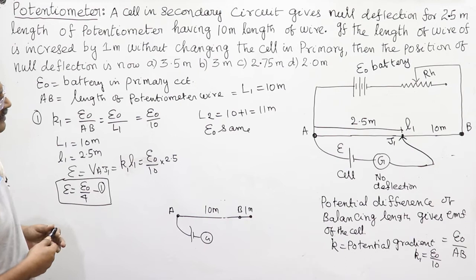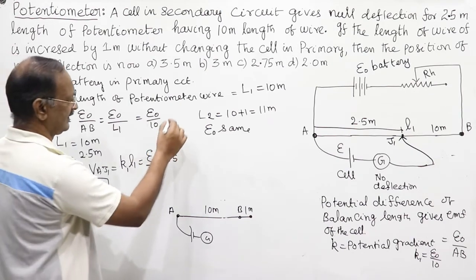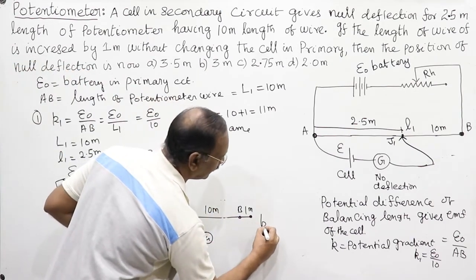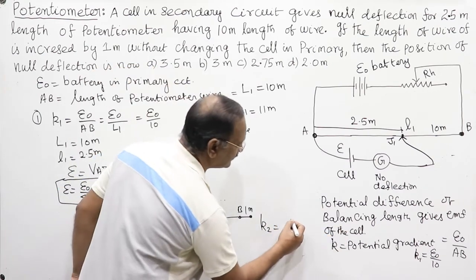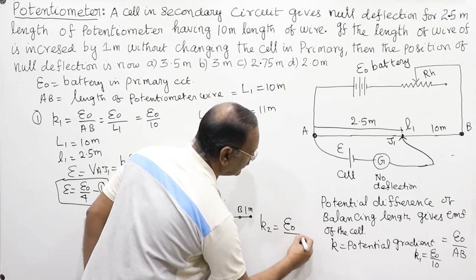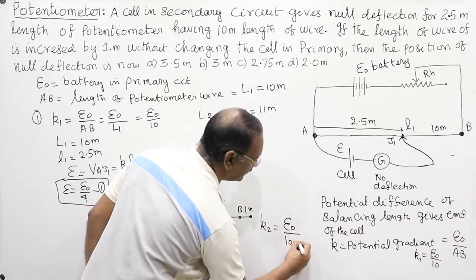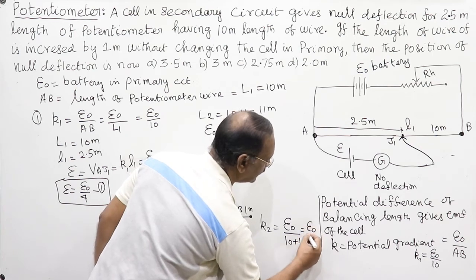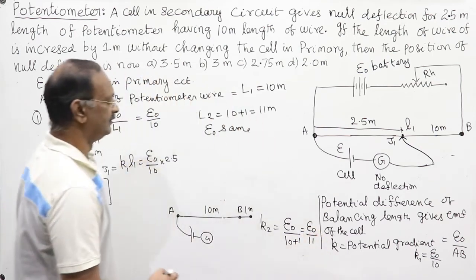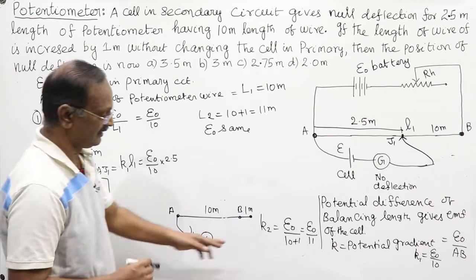Position of null deflection means now we will find out in the second case K2. K2 is the potential gradient, which is equal to the primary cell circuit into length. Length is equal to 10 plus 1, so this is equal to epsilon naught by 11, K2. Now K2 has changed, the potential gradient has changed.